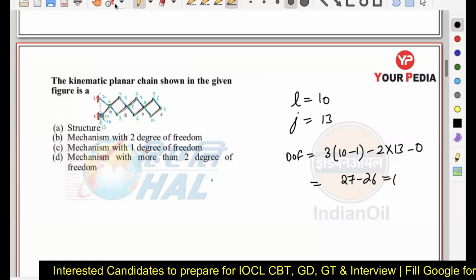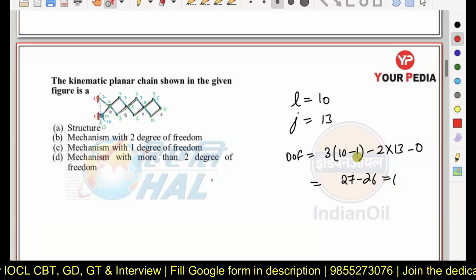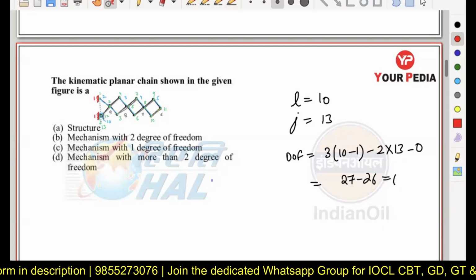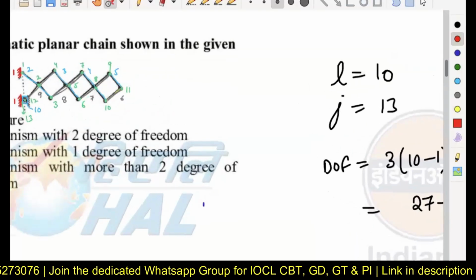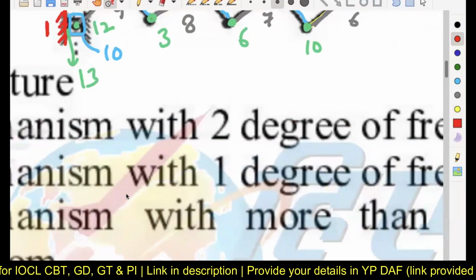So what is the meaning of degree of freedom 1? That simply means that by providing one input, you can control the motion of each and every link here. Let us see how we can control the motion of this mechanism.